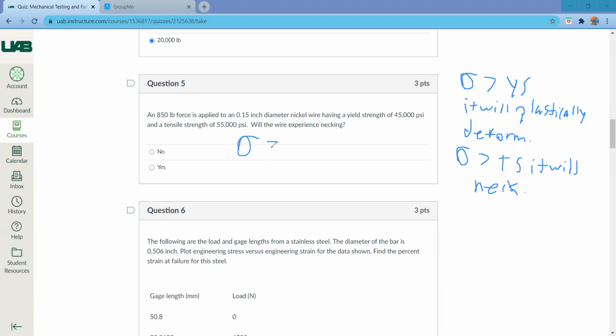So we have an 850-pound force and a 0.15-inch diameter nickel wire. So stress is going to be equal to 4 times 850 divided by pi times 0.15 squared.